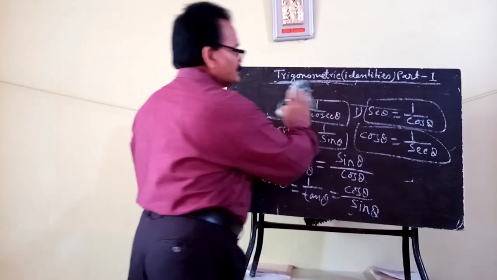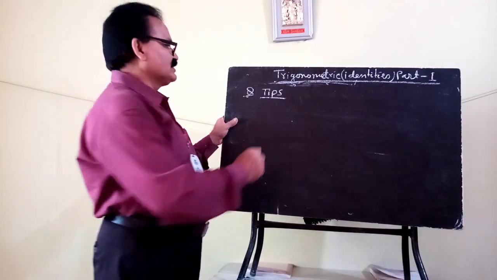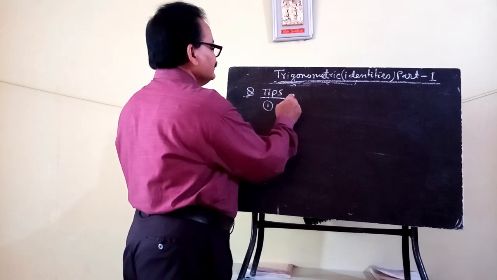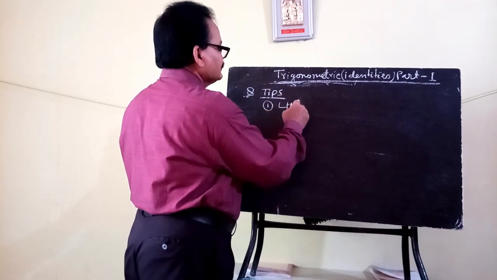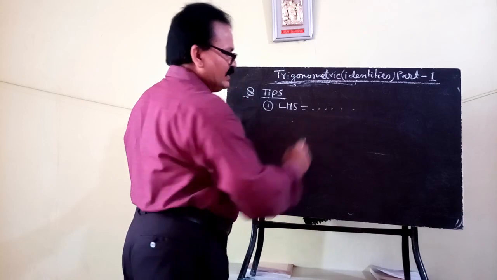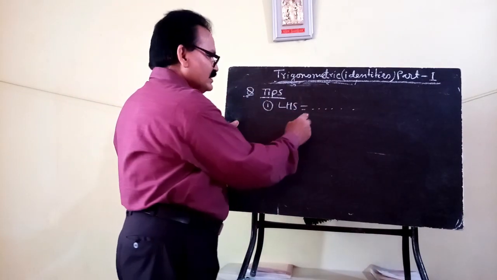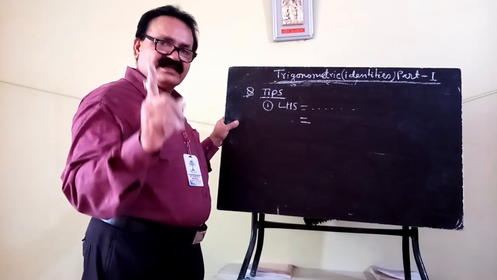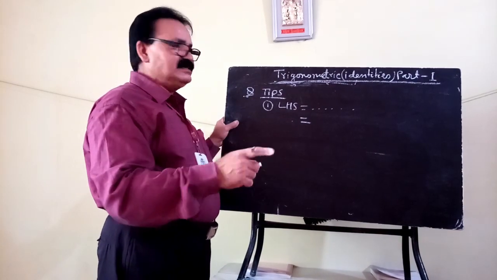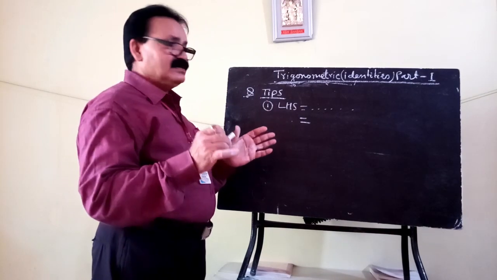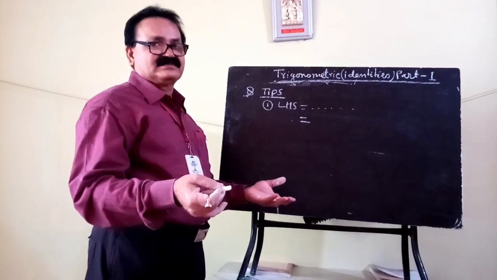Next, let us see some problems. Again, I will give you some tips. While solving, you first write the entire LHS. Then you use the relations as well as identities to proceed further, and keep in mind what is to be in the RHS.